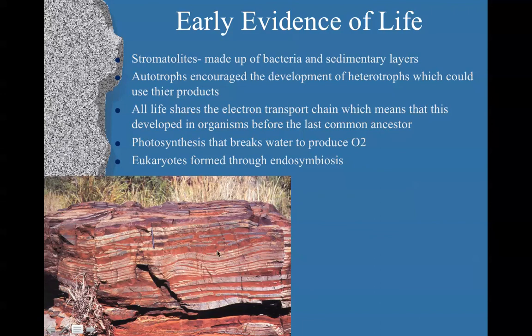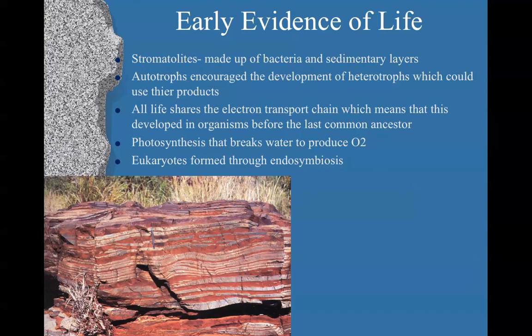And so you can see here in the sediment in this image the banded iron patterns, which is showing us that oxygen has started to be released and it's starting to pair up with iron in the water. Once all the iron's out of the water, then it starts to be released into the atmosphere, causing probably the first mass extinction of animals unable to deal with an aerobic environment.